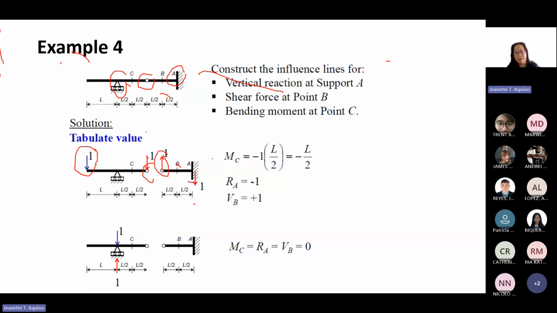So your reaction RA will be -1, and then your shear will be this +1. So if you take the moment at C, it will be RA, which is -1 times L over 2.